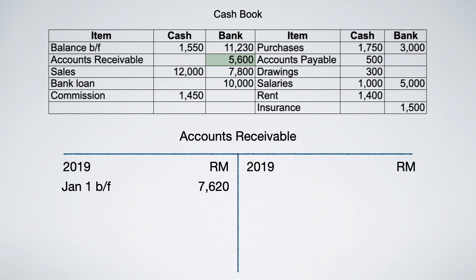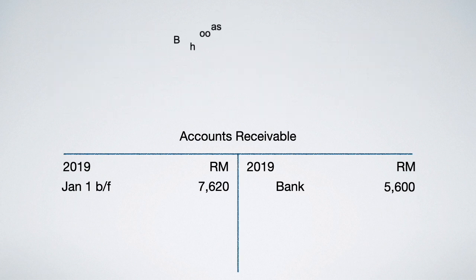Dekat cash book ada maklumat account receivable. Kalau you tengok belah kiri tu, itu bermaksud you dapat duit daripada account receivable. So maknanya account receivable you akan berkurang. So you will put the 5,600 dekat belah kredit. Tapi kalau you nak senang cerita, tak nak fikir panjang, you tengok dekat cash book belah debit, then this number will go to credit.